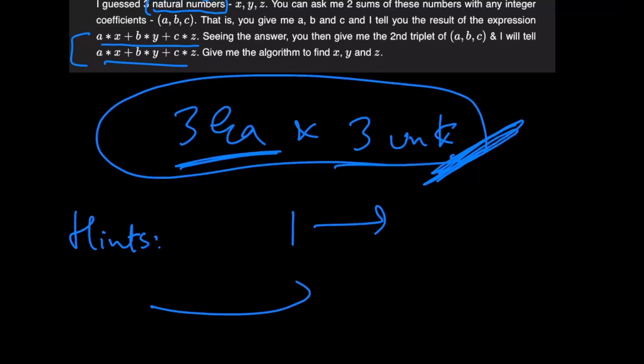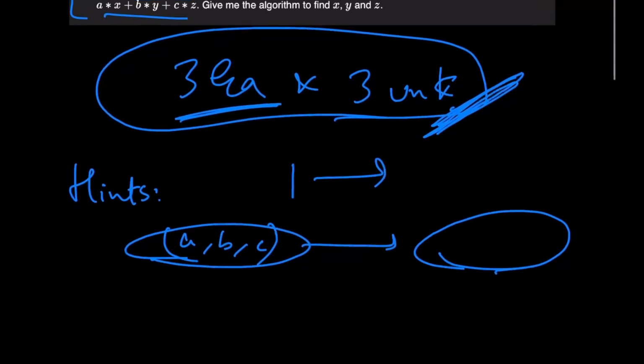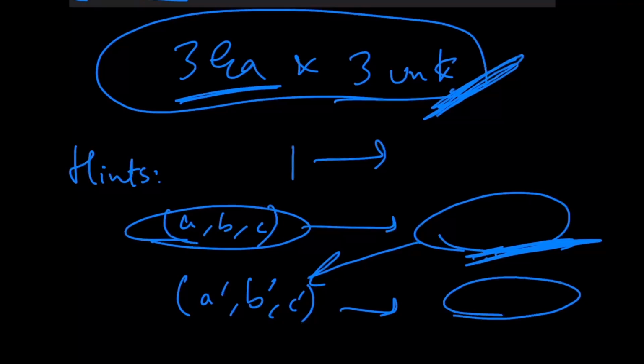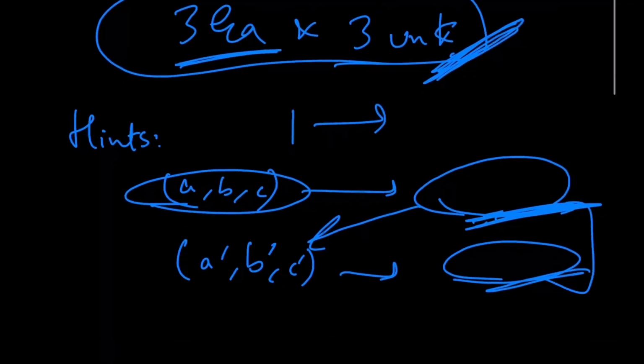So we first give them a set of a comma b comma c. We get the answer, and knowing that answer, if we're clever about it, we could use it to cleverly think about the new set of a dash comma b dash comma c dash to get another value. And using these two values, we could deduce x comma y comma z.